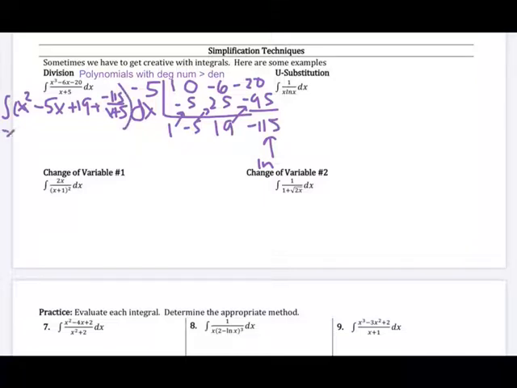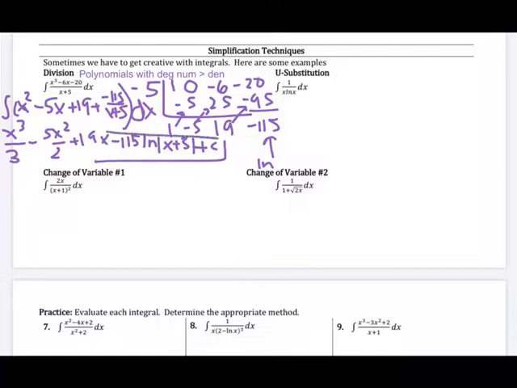And now I can integrate. So using the power rule, x squared is going to go to x to the third over 3 minus 5x squared over 2 plus 19x minus 115 natural log of the absolute value of x plus 5 plus c. I'm going to try and box that. Sorry, it's a little hard to read. There we go.